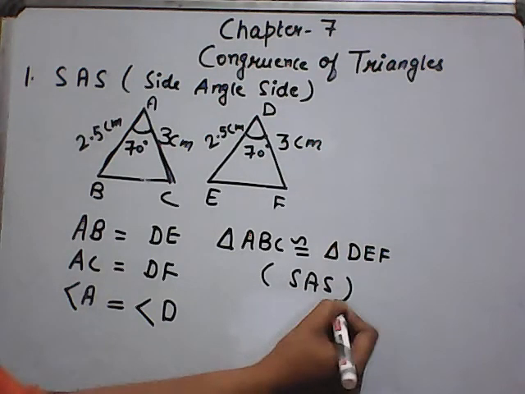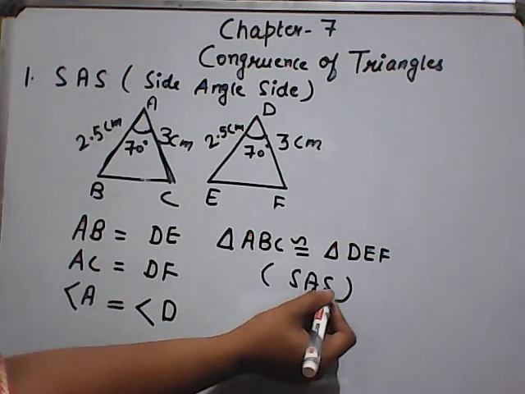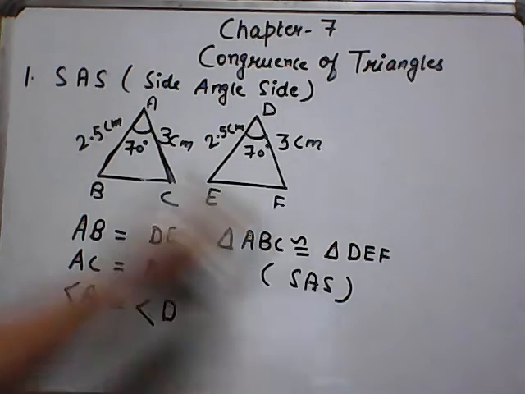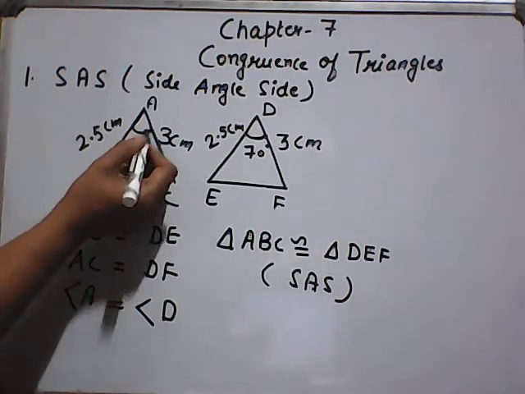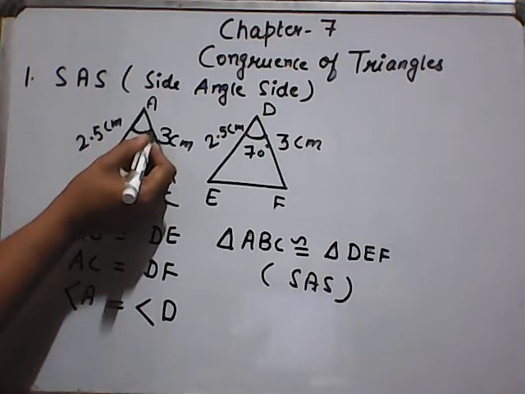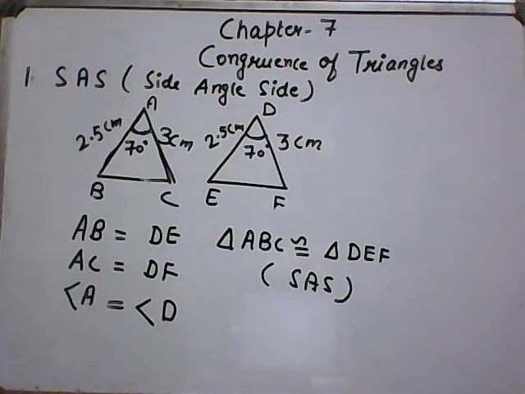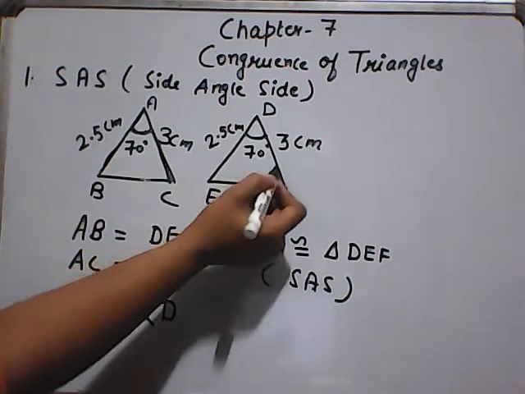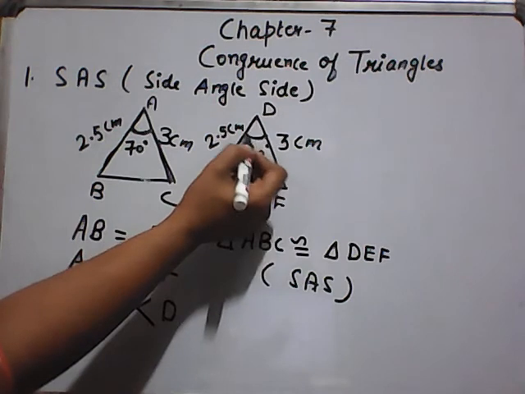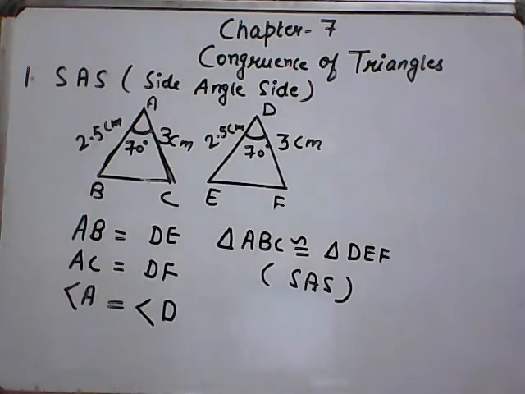SAS congruence rule. The SAS congruence rule states that two sides and the angle included between them of one triangle are congruent to two sides and the angle between them of another triangle.